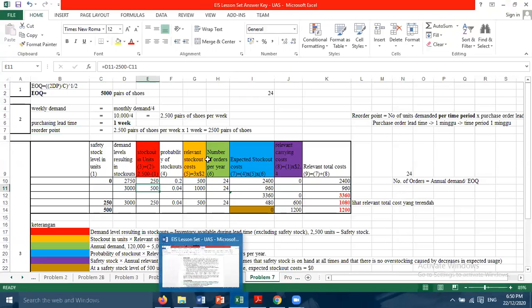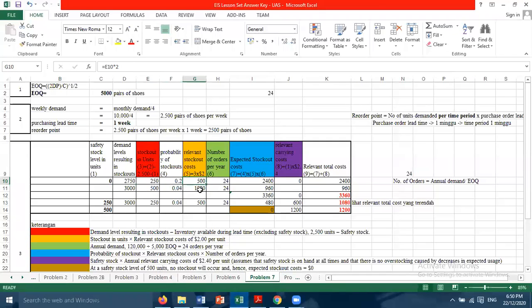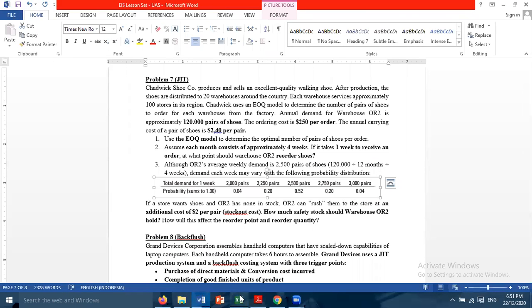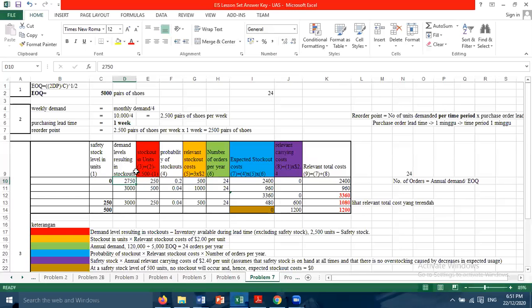Now, to find the relevant stock out cost, we multiply the stock out cost by the stock out units by the probability of the scenario happening. Let's say the probability of the demand being 2,750 is 0.2. So we multiply 0.2 by 250 by the stock out cost, which is $2.